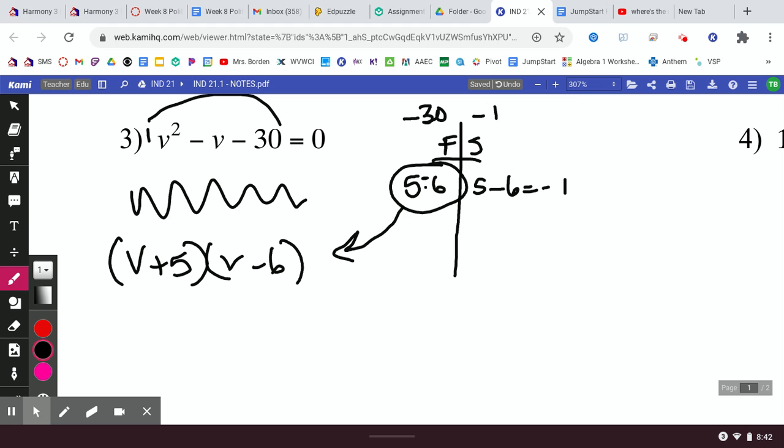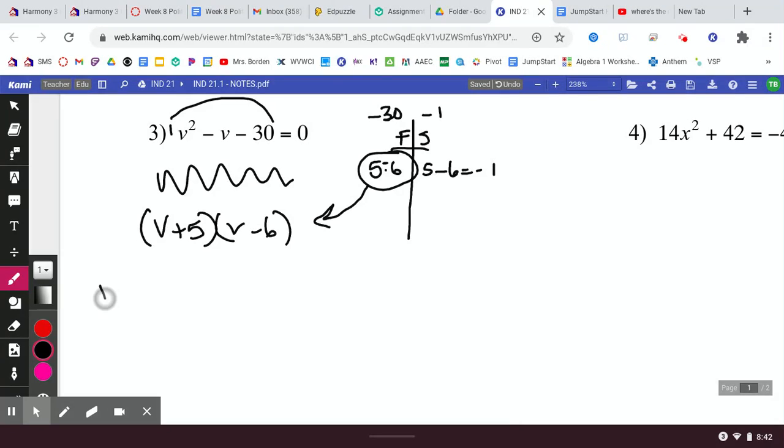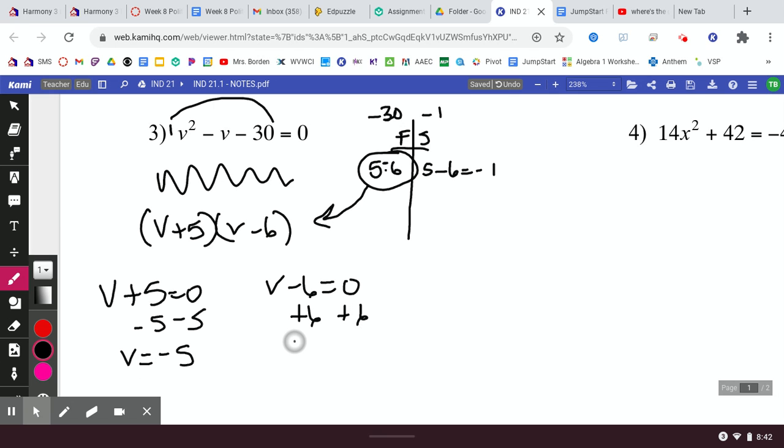And since this indicator is solving, we have to do that last step of setting both equal to 0. So V plus 5 equals 0 and V minus 6 equals 0. And then we solve both. So I subtract 5 from both sides and I get V equals negative 5. I add 6 to both sides and I get V equals 6. So my solution set is negative 5, 6.